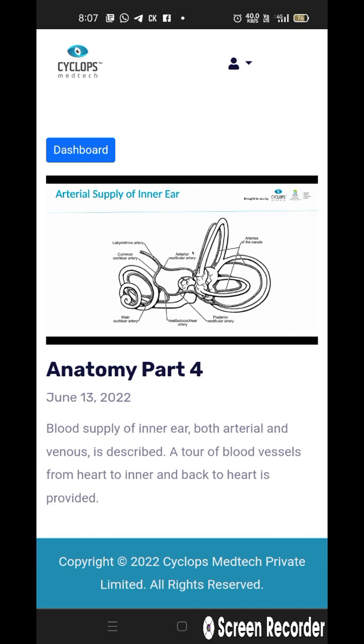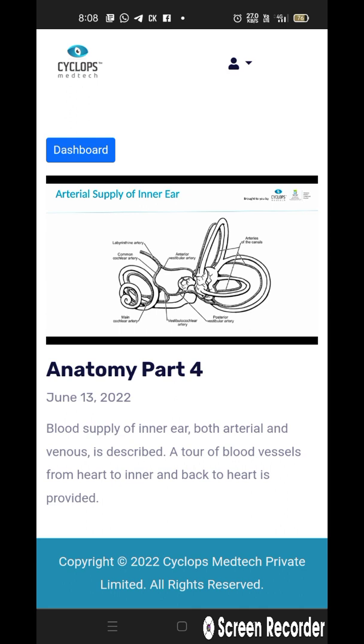So the labyrinthine artery divides into the anterior vestibular artery and the common cochlear artery. The common cochlear artery itself gives the main cochlear artery, then the vestibulocochlear artery. The vestibulocochlear artery gives a cochlear ramus and then also divides into the posterior vestibular artery.